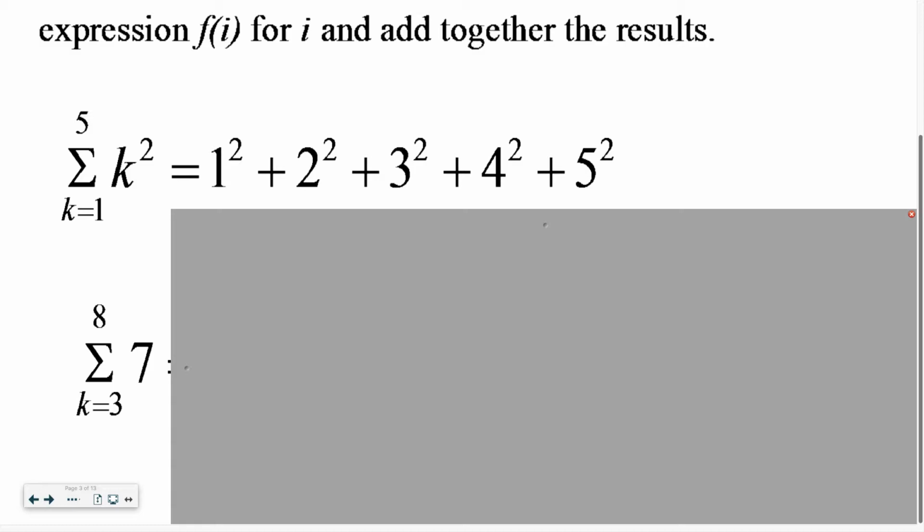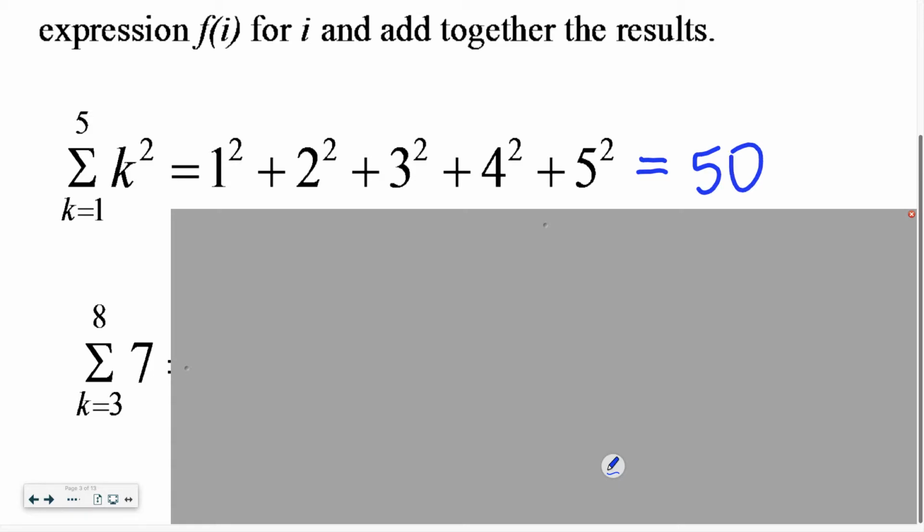We stop when we plug in 5 because that's our upper limit. That's it. What does that equal? 50?